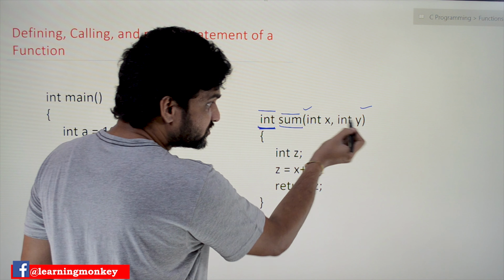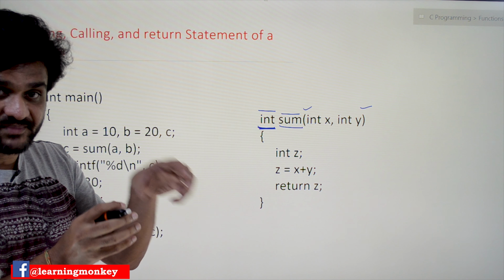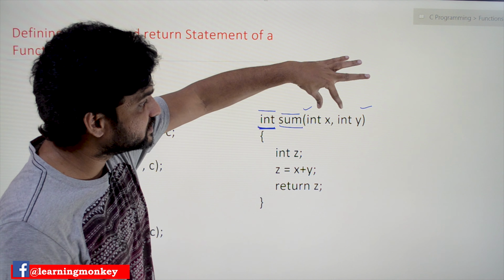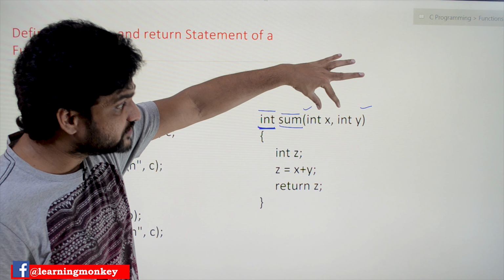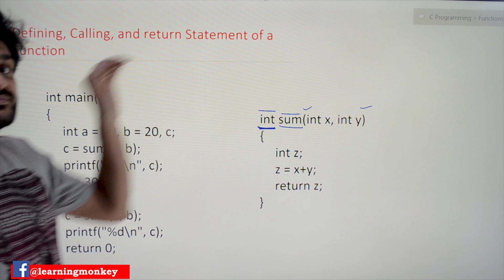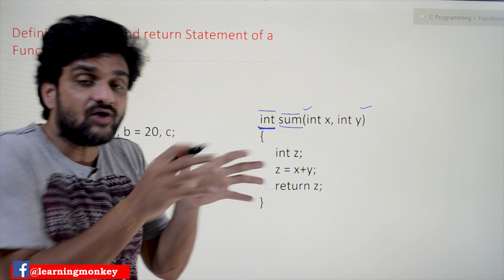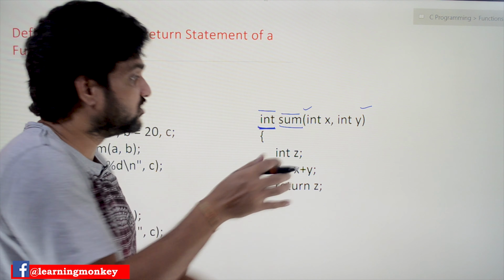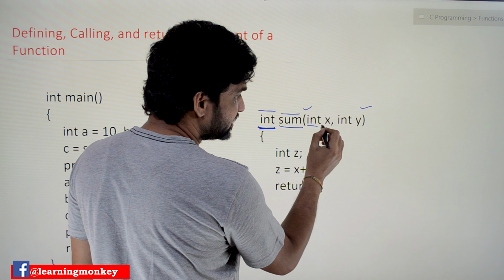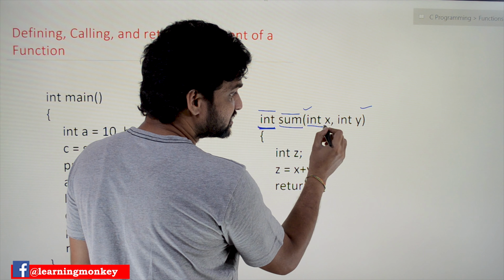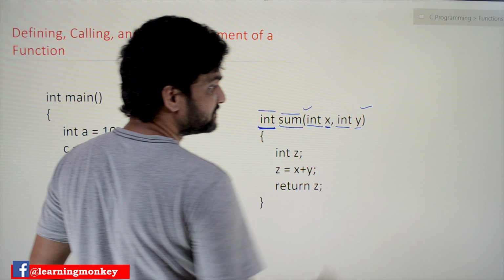Within this we are going to have parameters. These are the values that are passed from the calling function, and these we call parameters. How are those parameters to be defined? We have to specify the data type and the name of the variable.